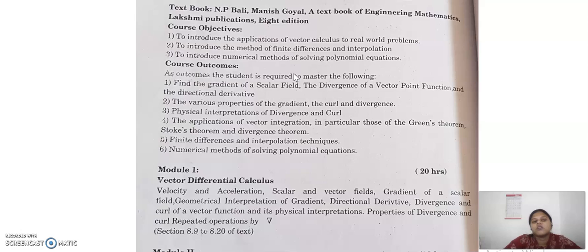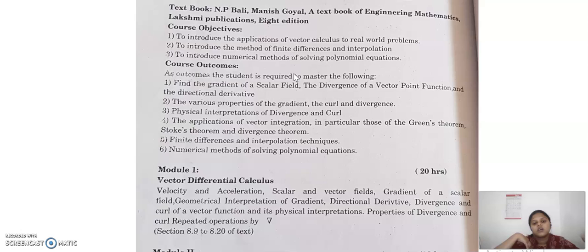So the divergence actually measures whether you have flow towards a point. Divergence measures at a point whether the flow is towards the point or away from the point, and we can identify such things. Similarly, the quantity called curl gives the rotational aspects of a flow, that is, how the direction of the flow is.